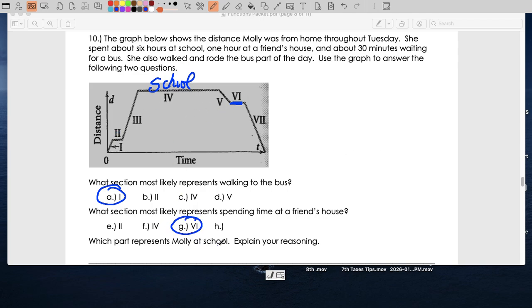Which part represents Molly at school? Well, right here, the biggest chunk of time where the distance to her house is the same.